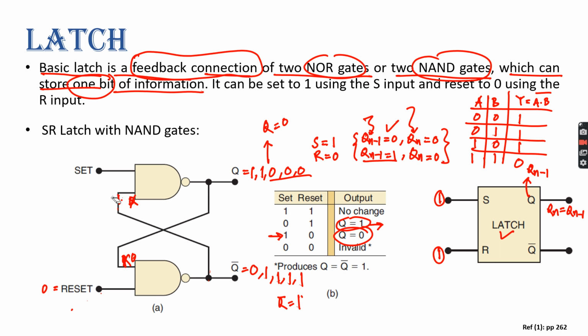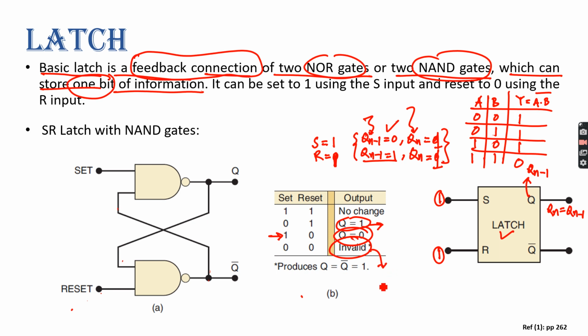It says no matter what the value of the previous state is, if you put s equals to 1 and r equals to 1, this will be the invalid condition, meaning both your q and q bar will become 1.